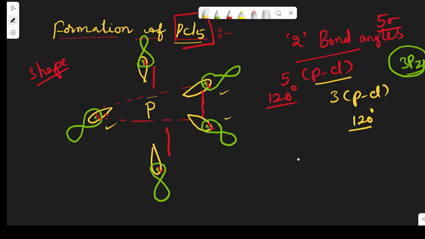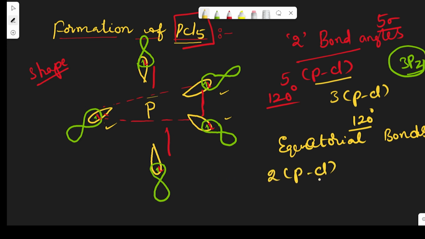That is why these bonds are termed equatorial bonds. There are 2 more PCl bonds, presented above the plane and below the plane. These 2 make an angle of 90 degree with the plane. So these 2 are called axial bonds.